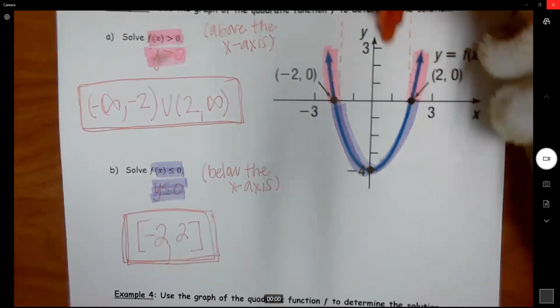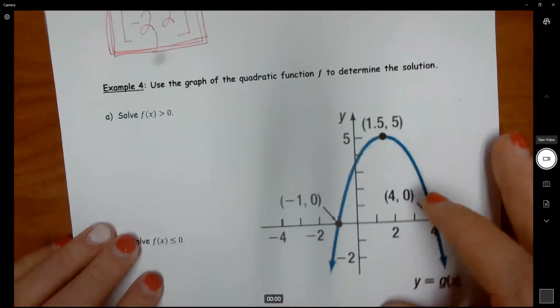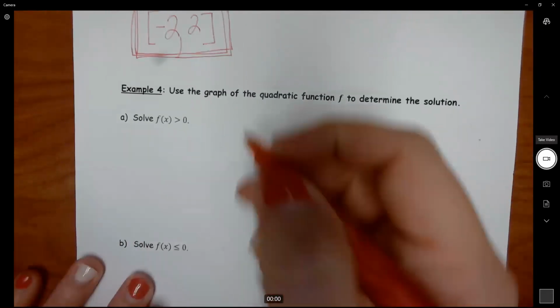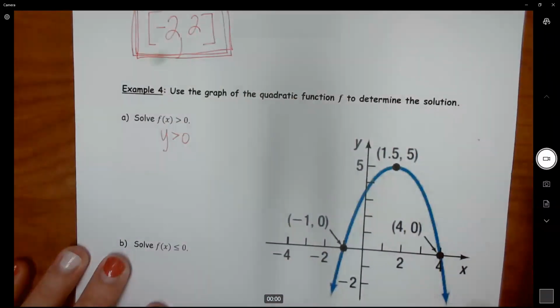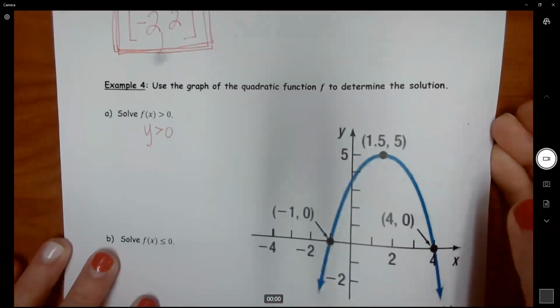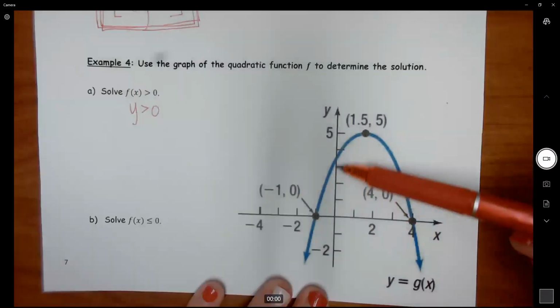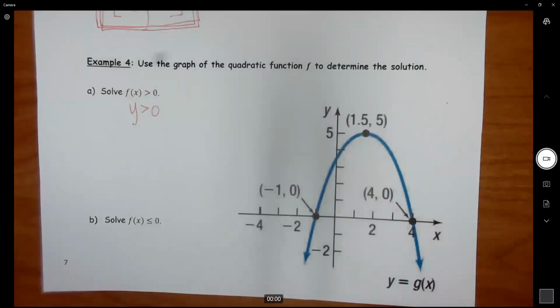Okay, let's try again. Use the graph. This is the same thing as when y is greater than 0. Y is greater than 0 when this is above the x-axis.